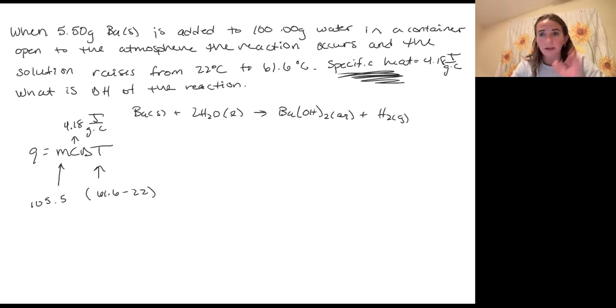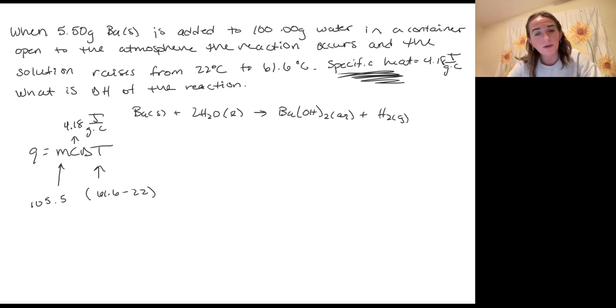It's the solution, so it incorporates everything in there, right? Our specific heat, the wording of the question says the specific heat of the solution is 4.18. So the solution is everything involved in terms of the particles that are being dissolved and the water that it's in. So we want to use both of our masses for that one.